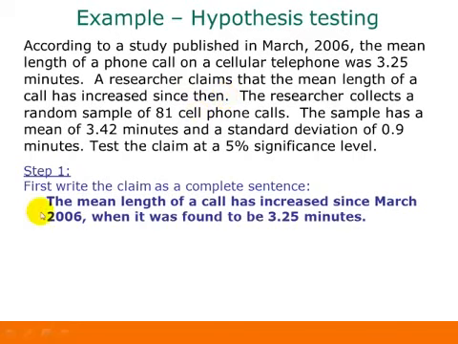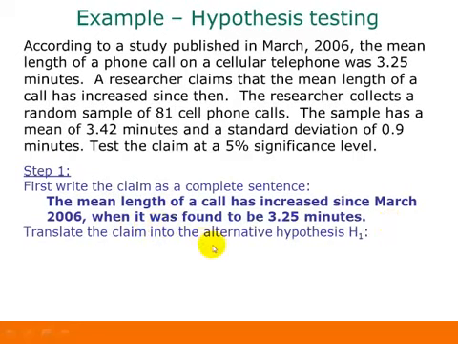So we'll say the mean length of a call has increased since March 2006 when it was found to be 3.25 minutes. So this tells us what parameter we're talking about, the mean. This talks about how it has changed, that it's increased, and it also has the value 3.25 that we need to know.